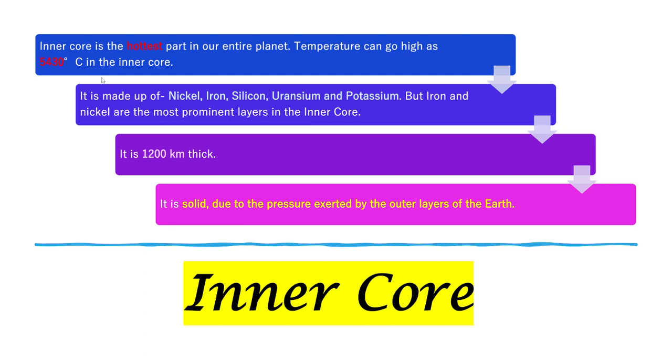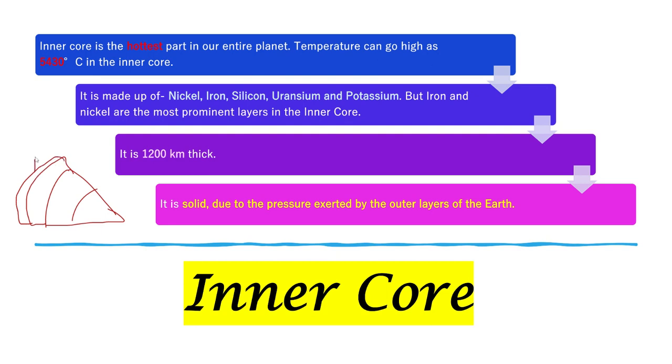So, the inner core is the hottest part in our entire planet. It's really hot. So we have two cores. Let me just draw a diagram for you so you can understand well.